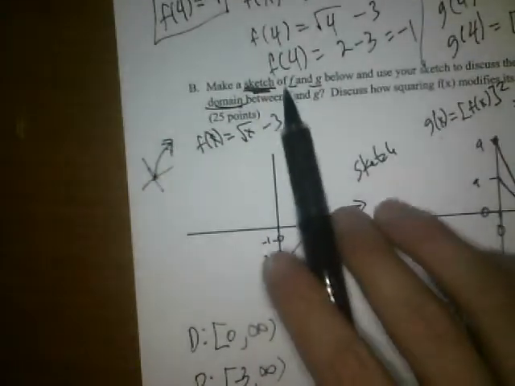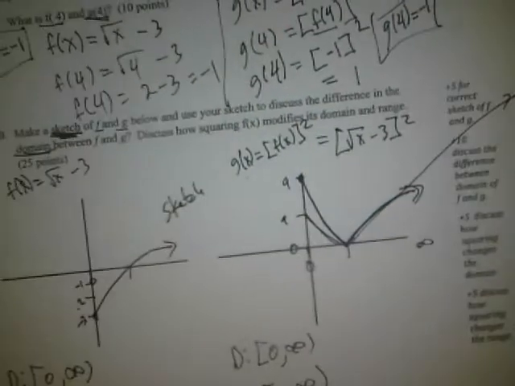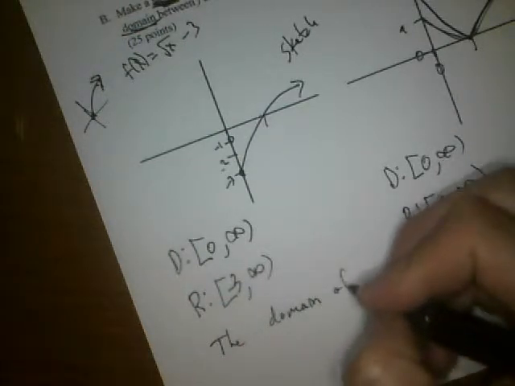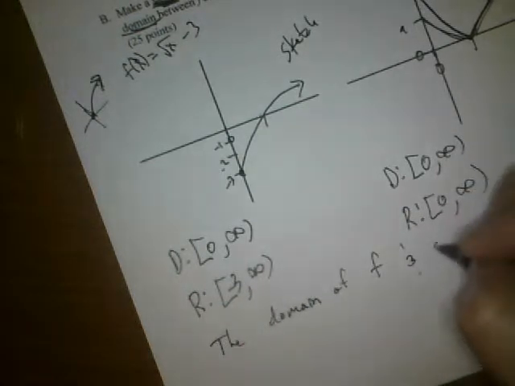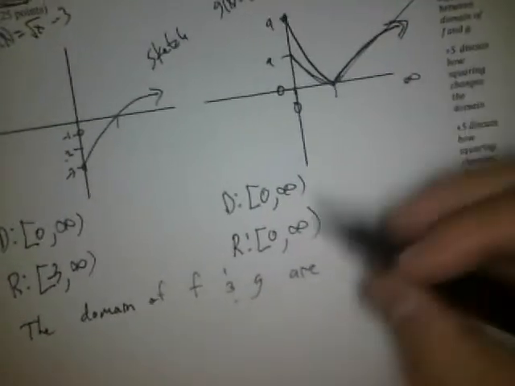So now notice over here, I've answered this part. It says +5 for each correct sketch, so I've done that. Discuss the difference between the domain of f and g. So let's write: the domain of f and g are, if you notice here, the same.